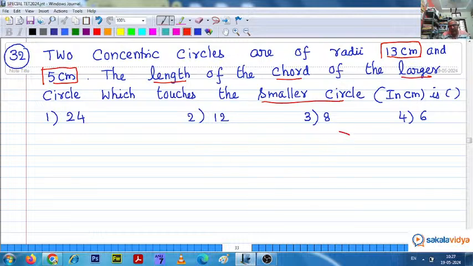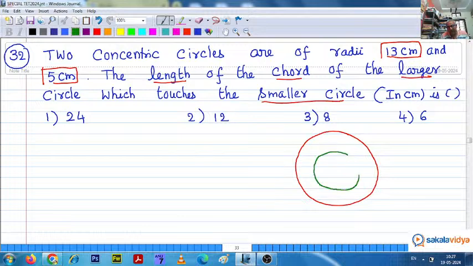For example, this is the bigger circle, and this is the smaller circle. They are concentric. They have the same center. So we need to find the chord of the larger circle tangent to this circle. This length we need to find out.